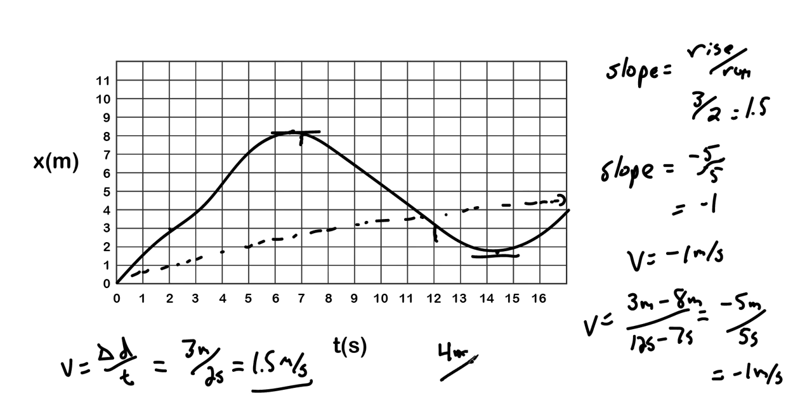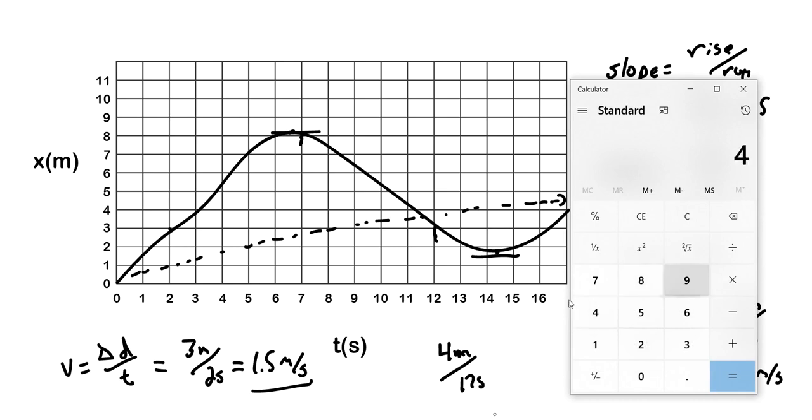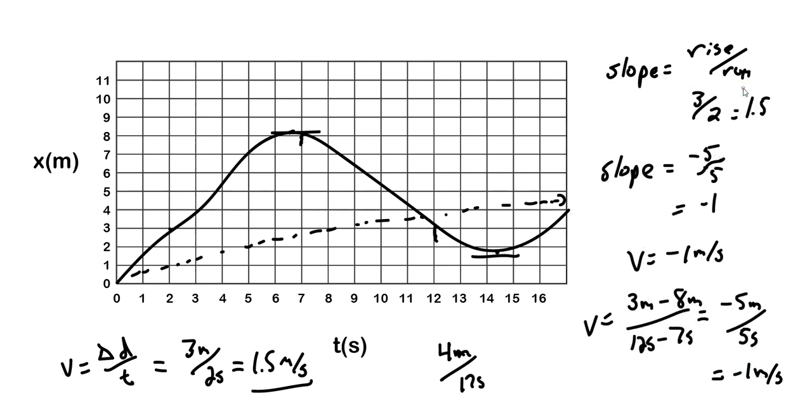So we'd have 4 meters per 17 seconds. Nice thing about physics, you can use a calculator. What's 4 divided by 17 equals 0.24. So overall we went 0.24 meters per second. That would be our average velocity for the entire thing.